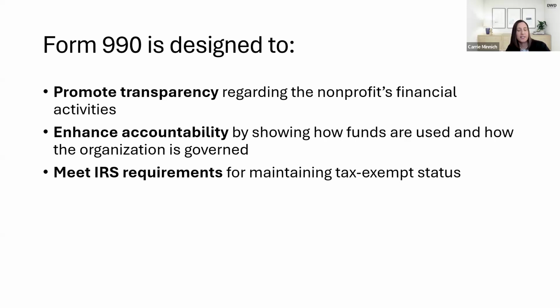The Form 990 is designed to promote transparency regarding the nonprofit's financial activities, enhance accountability by showing how funds are used and how the organization is governed, and also meet IRS requirements for maintaining tax-exempt status. Because again, in order to maintain your tax-exempt status, you must file Form 990.